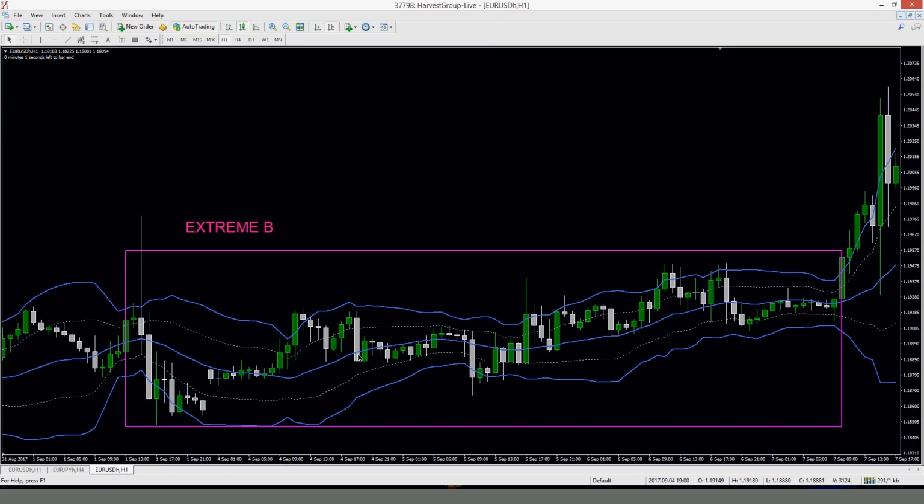Okay, so why is it that I say extreme B tells you that if the candle breaks or rejects the top or low BB, it goes to mid BB? But how come sometimes it doesn't go straight to mid BB directly?